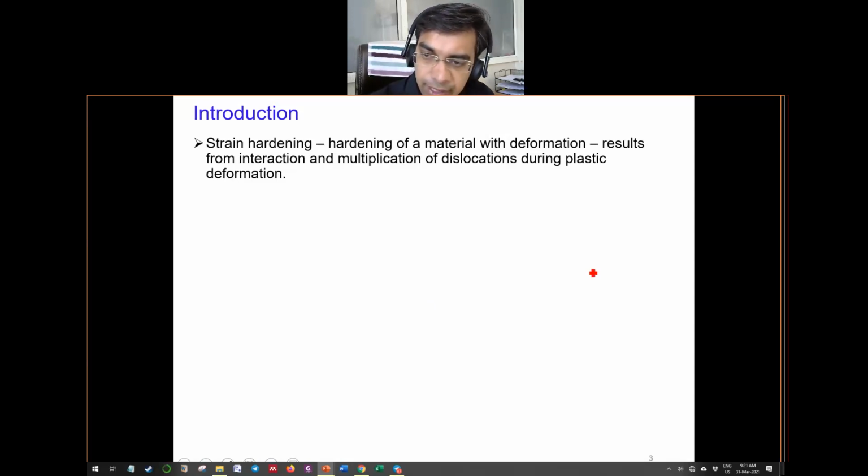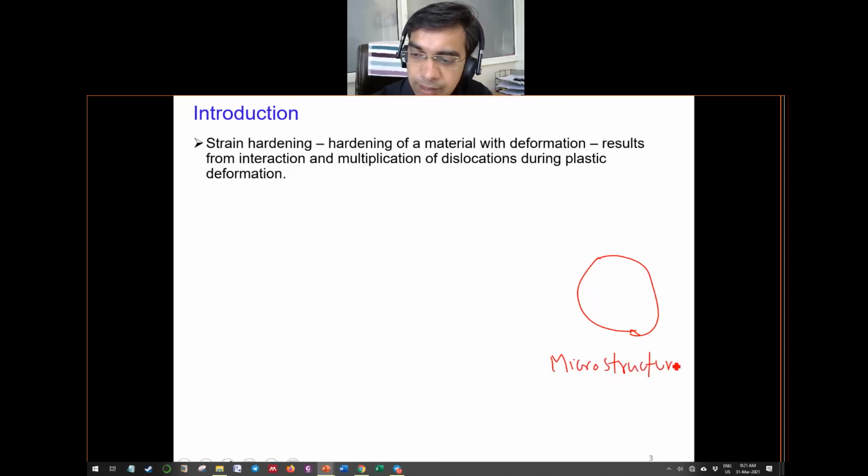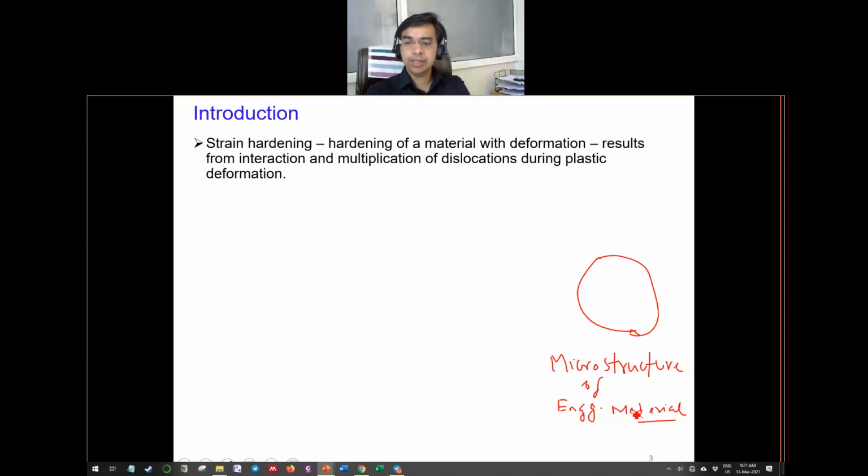If you look at the microstructure of any engineering material, what you do is take a sample from it and polish that sample to a mirror finish, where you get a very smooth surface.